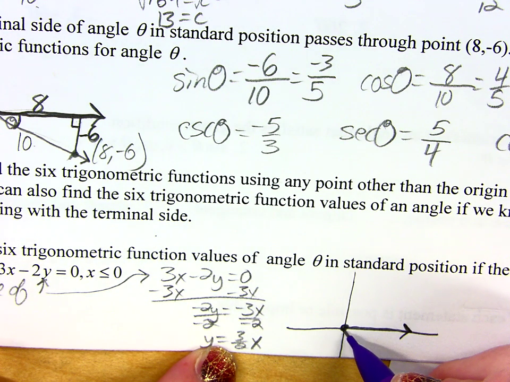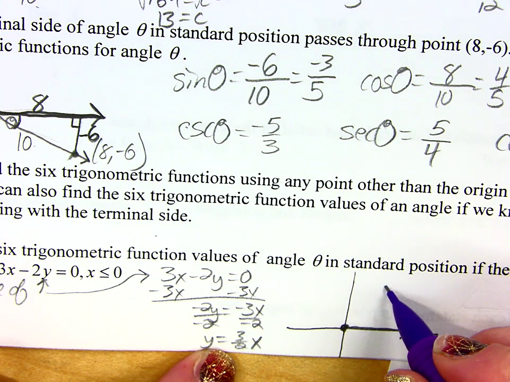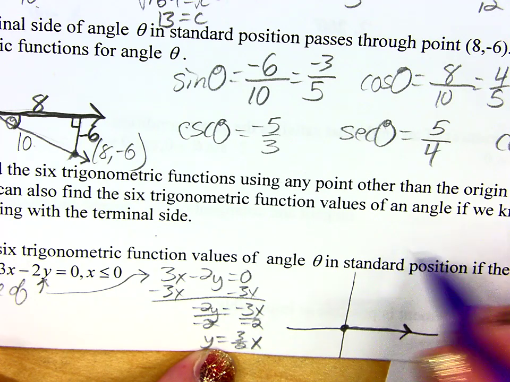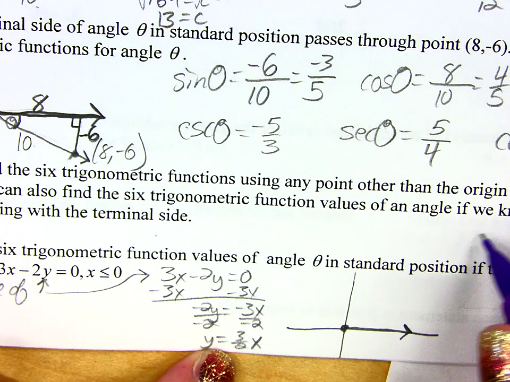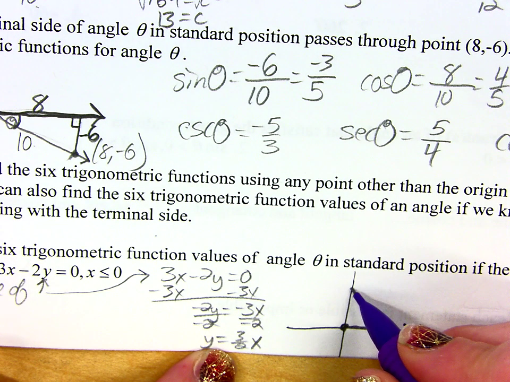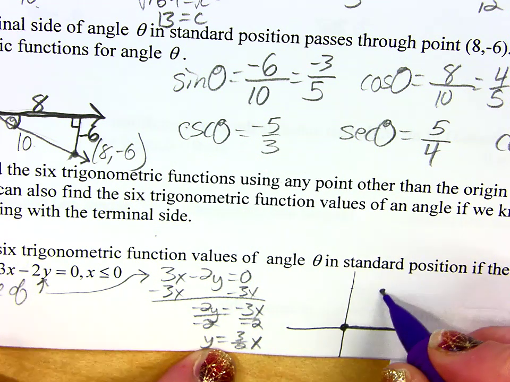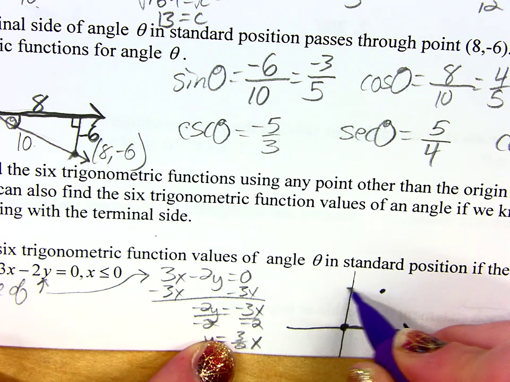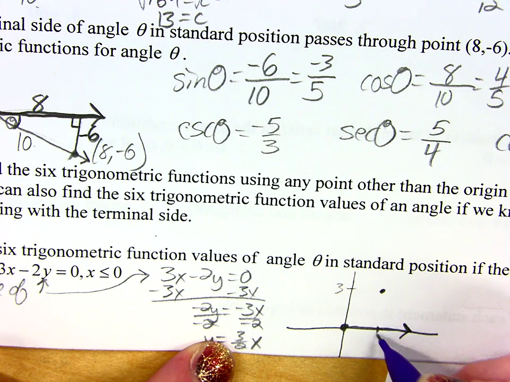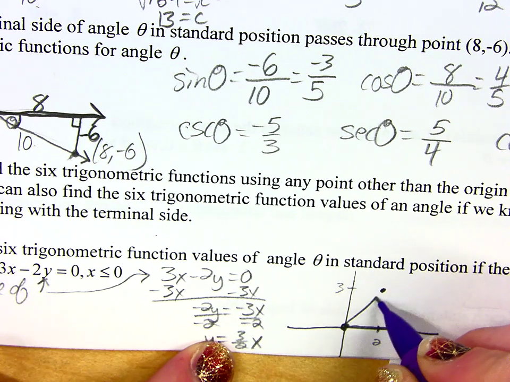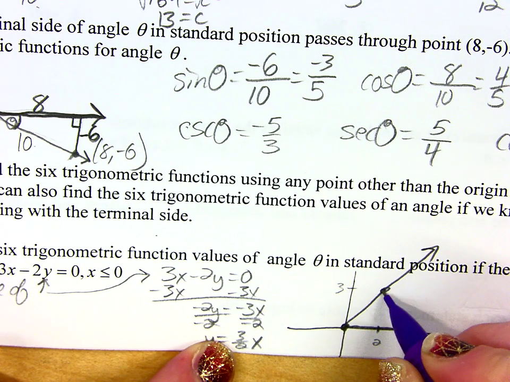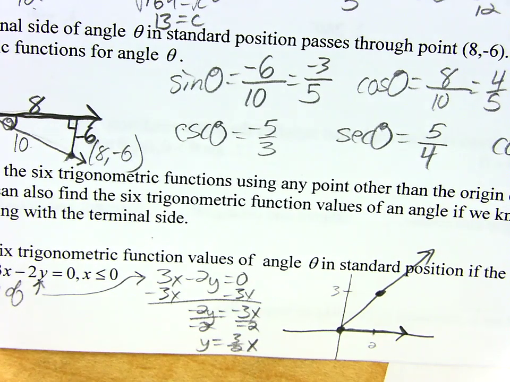Well, wouldn't you just start at the origin and then go up 3 over 2? Right? And you could keep doing that. You can go up 3 over 2, up 3 over 2, up 3 over 2. But let's go up 3 over 2, and there's another point on my line. So that was up 3, here's 2. Now, it doesn't matter what point you pick on your terminal side to turn into your triangle.